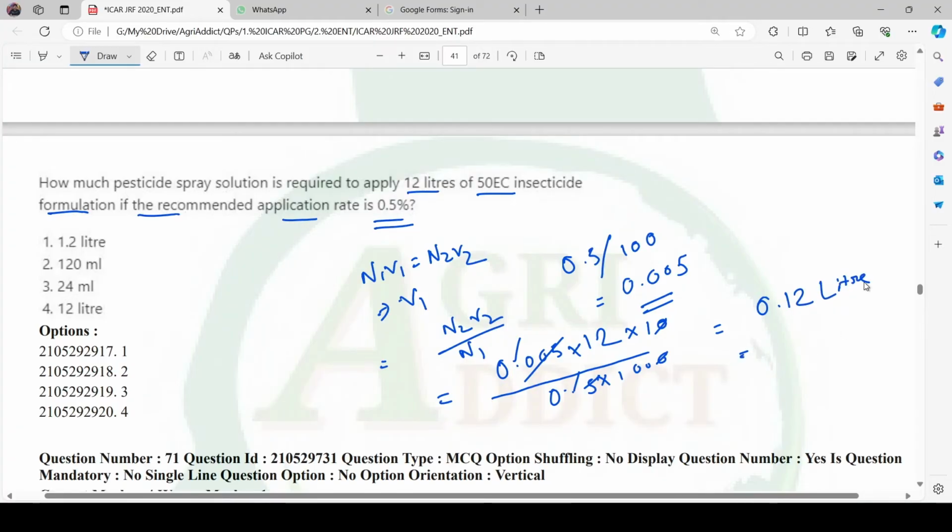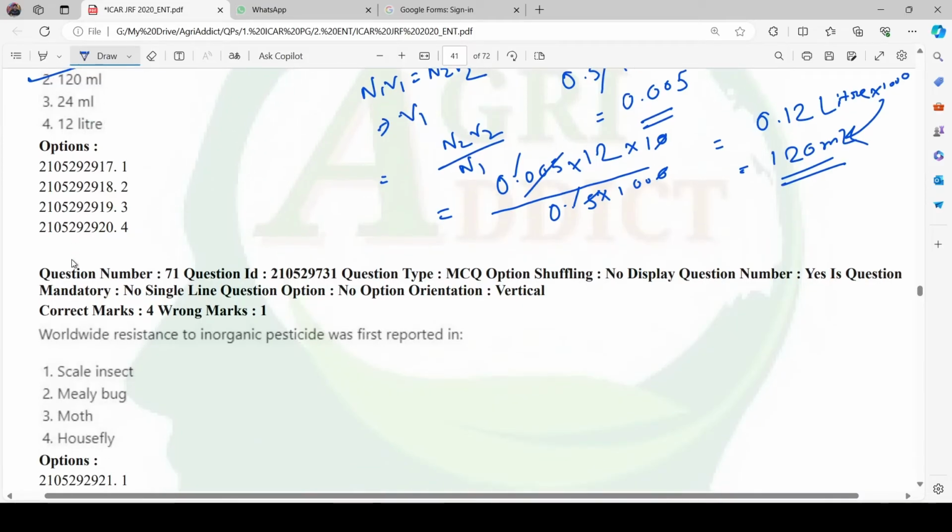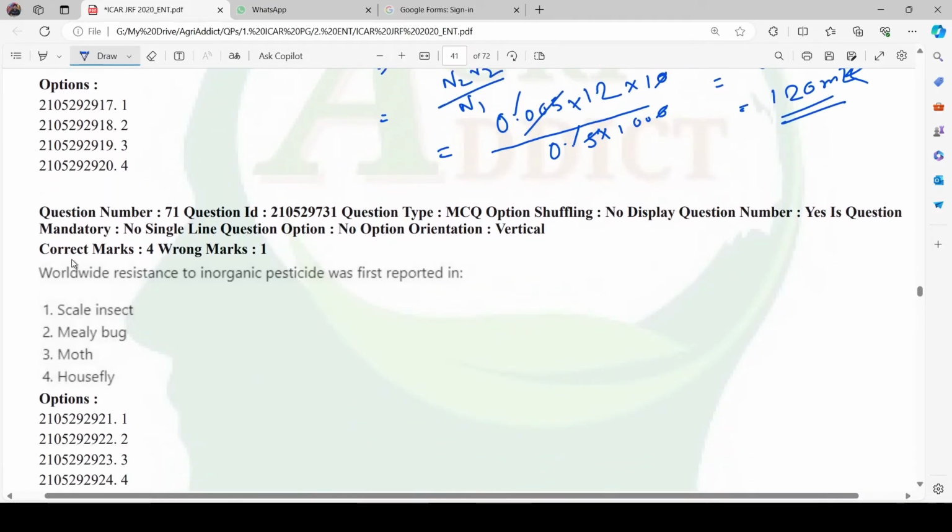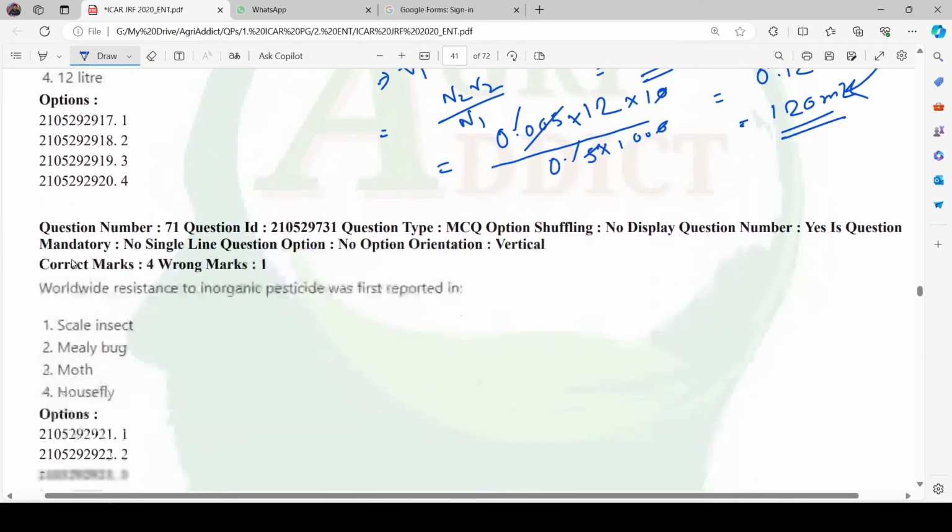Multiply it by 1000 to convert liter to milliliter, so it is 120 ml. So 120 ml is the correct answer. Here you should know that the decimal rate of application is important before starting the proper calculation.